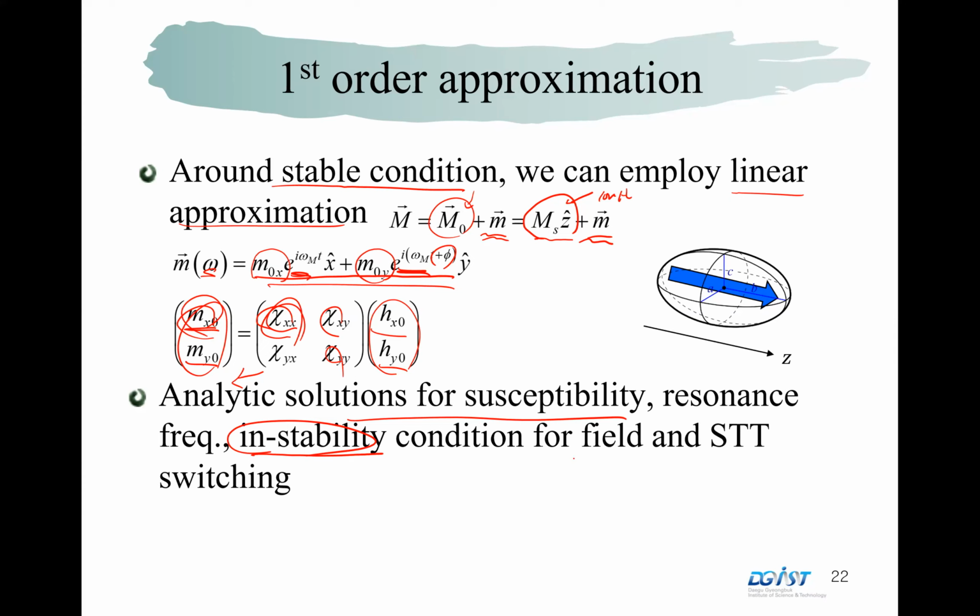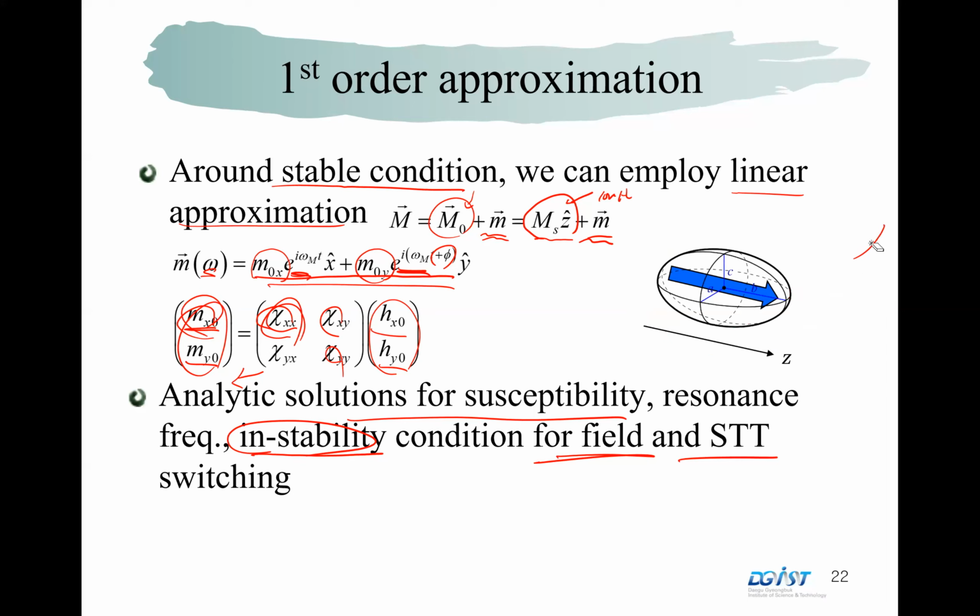So now we will apply this kind of idea to field switching or spin transfer torque switching. So let's start by assuming a certain uniaxial magnetic substance with an ellipsoidal shape. The reason is we usually play with films or certain nanopillar structures, but they can be modeled by this ellipsoid model with the proper demagnetization factors.